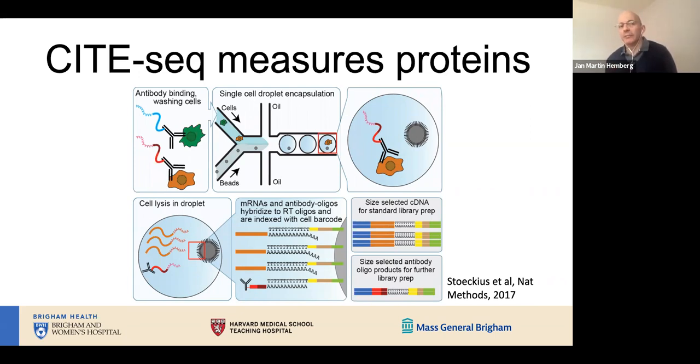And then each of those antibodies is tagged with a nucleotide sequence. And so then after we've done our droplet encapsulation, we can release the tags from the antibody, and then we can sequence those together with all the RNA, and that can give us a good estimate of the protein levels that were found in these cells.